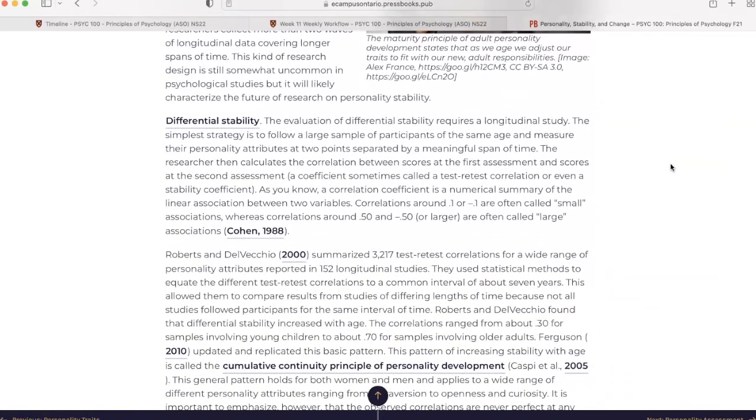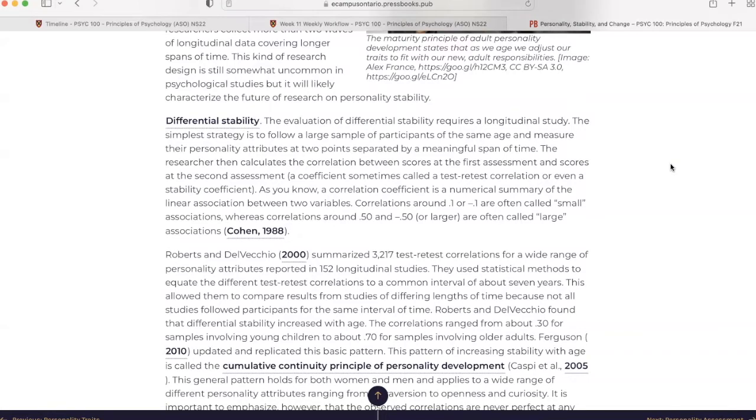Differential stability. The evaluation of differential stability requires a longitudinal study. The simplest strategy is to follow a large sample of participants of the same age and measure their personality attributes at 2 points separated by a meaningful span of time. The researcher then calculates the correlation between scores at the first assessment and scores at the second assessment.